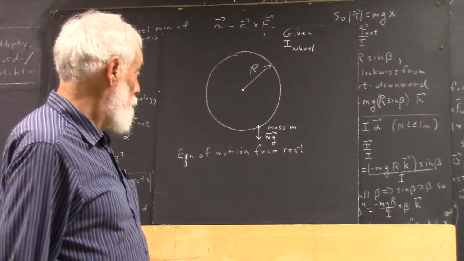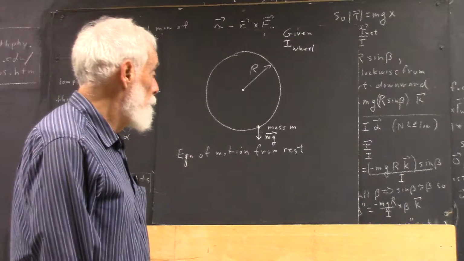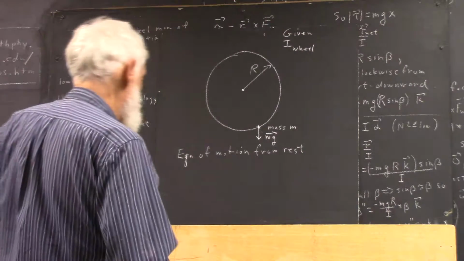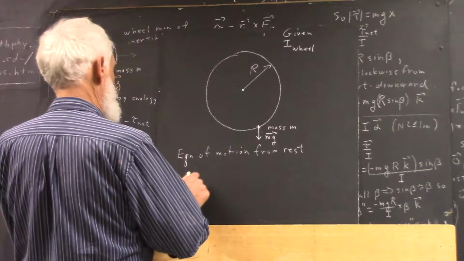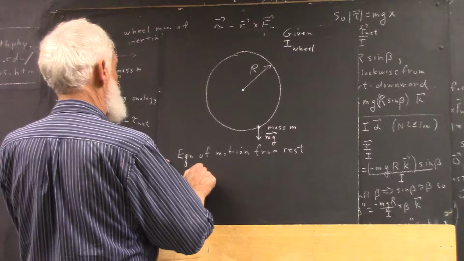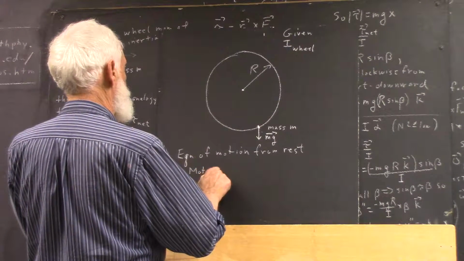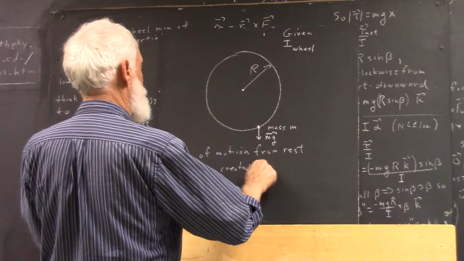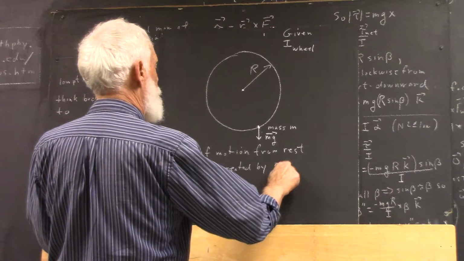Okay? Now, well, okay, that's great, but what kind of motion is this thing going to go through? Well, the wheel, okay, motion is created by the force mg.